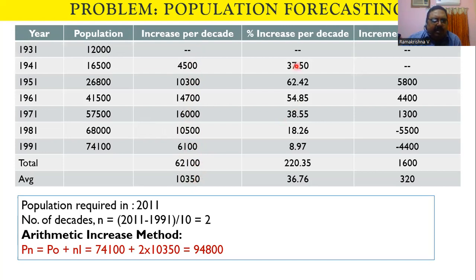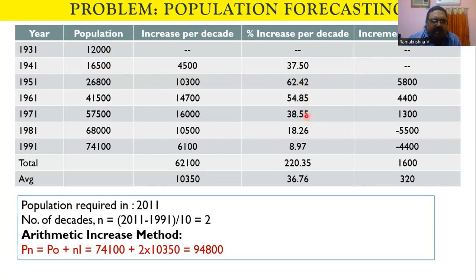And then in the fourth column, we will make the percentage increase. 4,500 is the increase for a population of 12,000, so 37.50. Similarly, 10,300 on 16,500 population, 62.4.